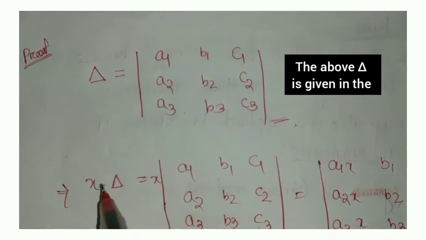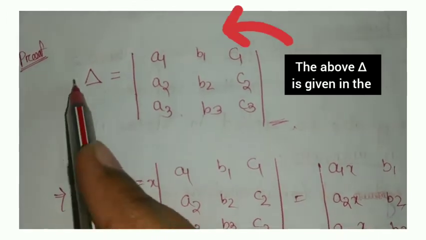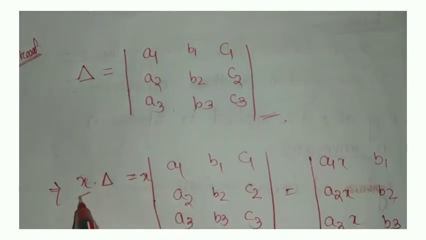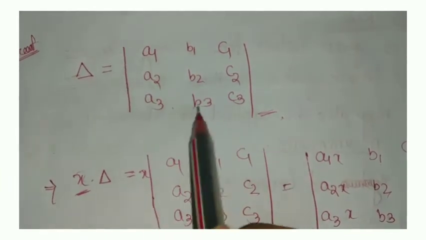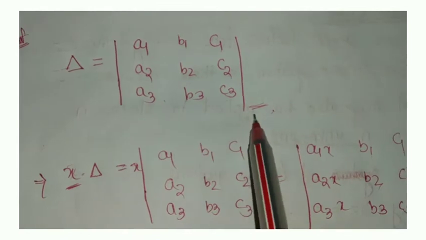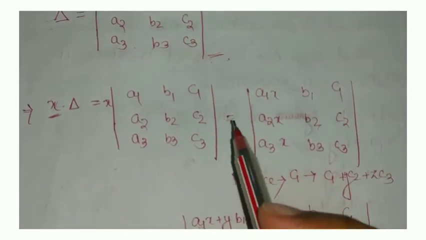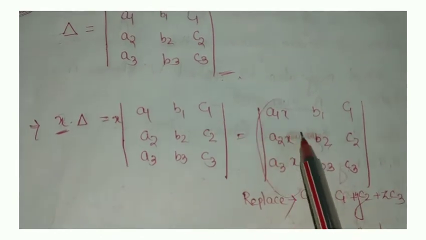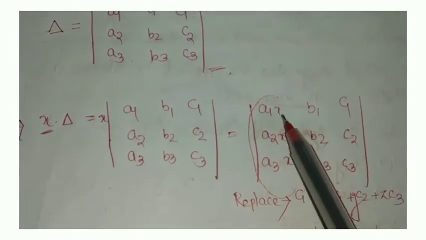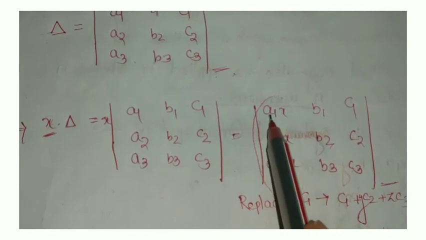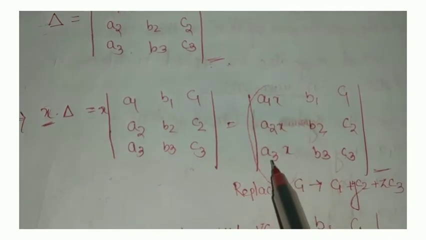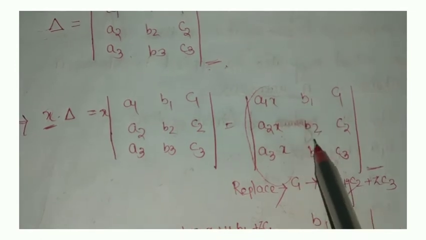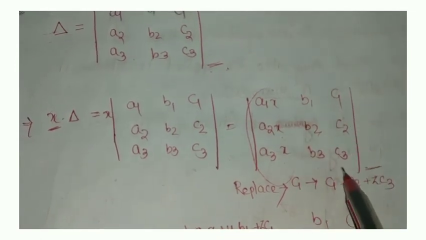Here we multiply x into this whole determinant, so we can multiply x in any row or any column of the determinant. We multiply x in the first column of del, so we get a1x, a2x, a3x, b1, b2, b3, c1, c2, c3.